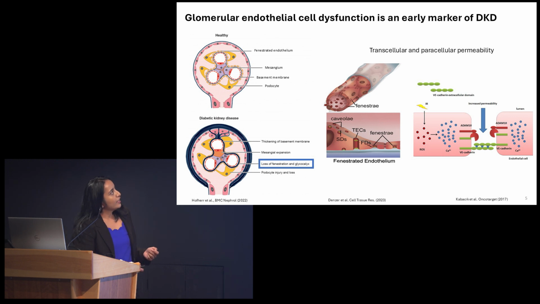So as compared to the healthy glomerulus, the diabetic kidney disease affected glomerulus will undergo structural changes within the cellular layers. This mainly affects their size, porosity, and arrangement within the glomerulus. For instance, the basement membrane may thicken, there may be mesangial expansion, there may be loss of these fenestrations or pores in the endothelial cell layer, as well as loss of their size-selective and charge-selective properties. And then the podocytes may also undergo injury and loss.